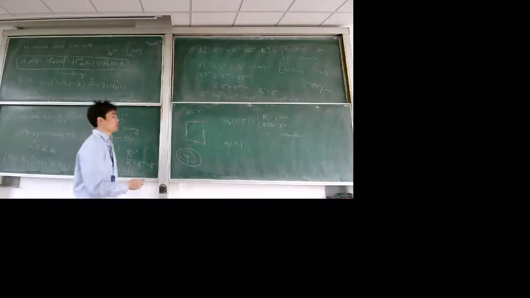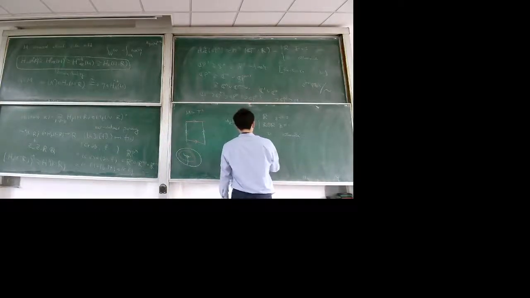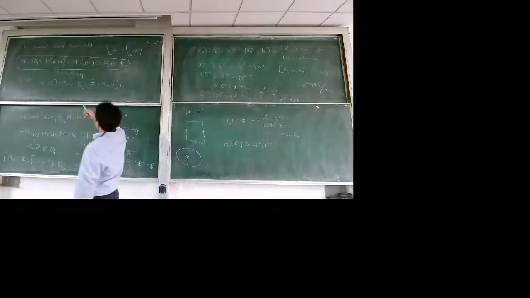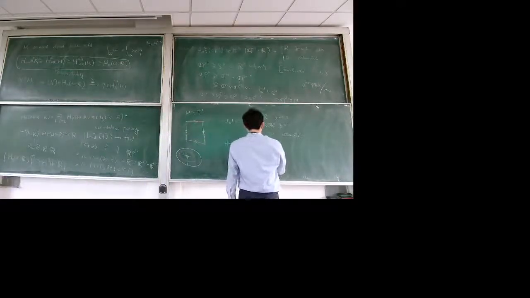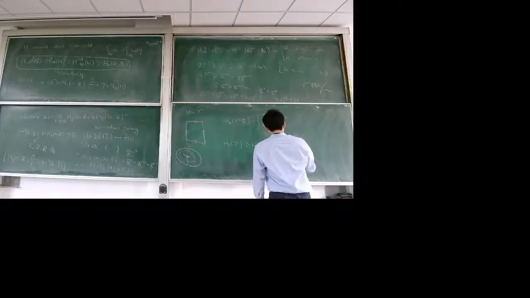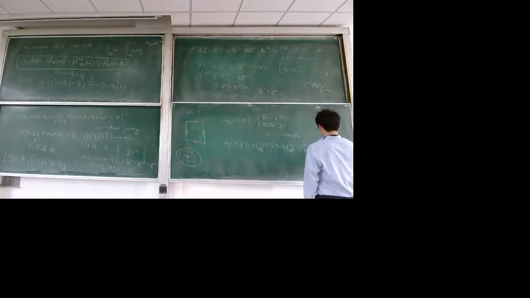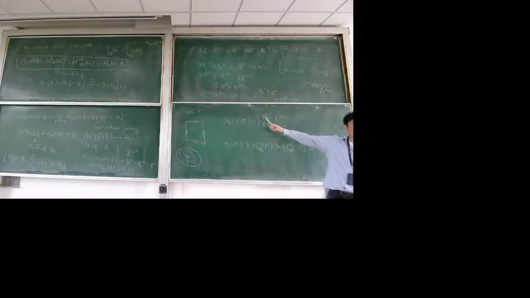It is dual to H2 of T2. As you can see, H0 and H2 are both isomorphic to R. So R, R, R, R. Do you understand what I mean?